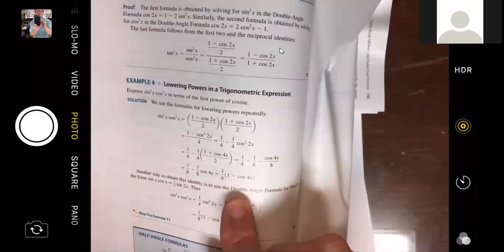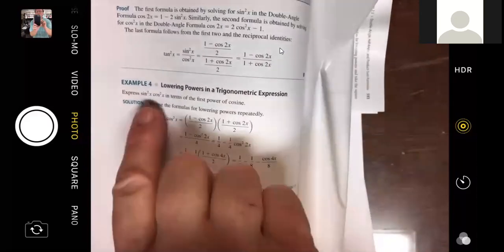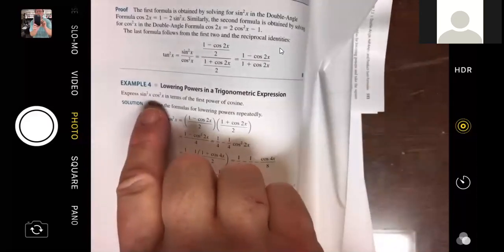Let's see if I can find an example 4 here. Well, I guess technically they're referring to this. But I don't know if they're using the exact same formula or expression.